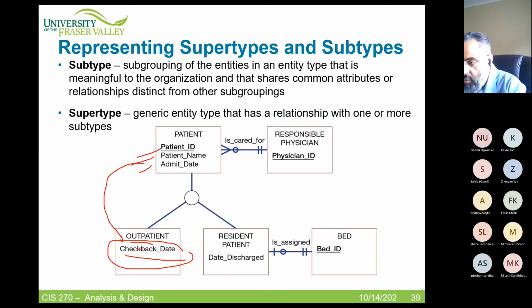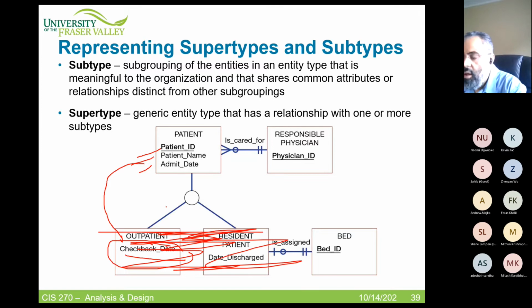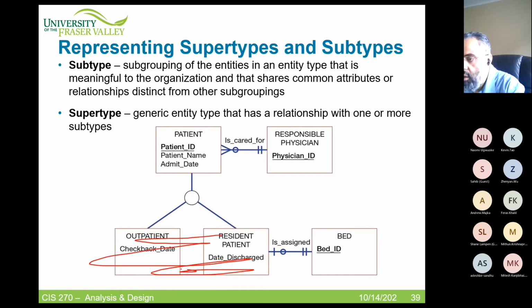Suppose that I didn't do this, and I add here, let's say, date discharged. Now I'm including the name of a patient who is not an inpatient, which means an outpatient.